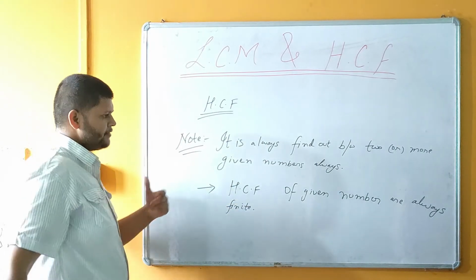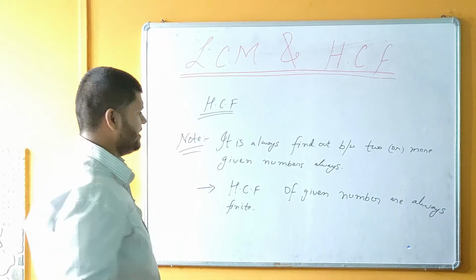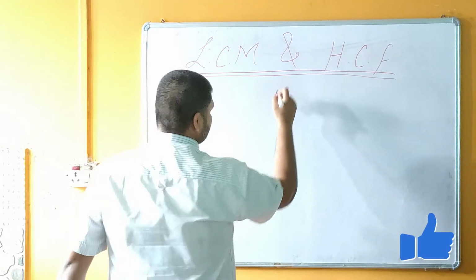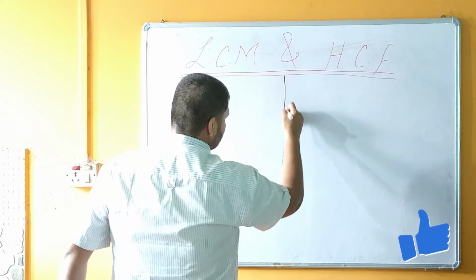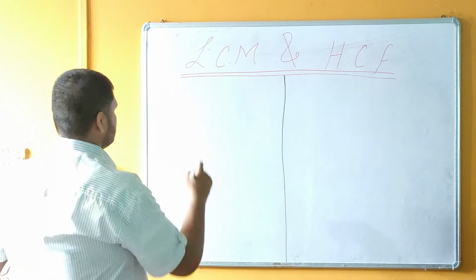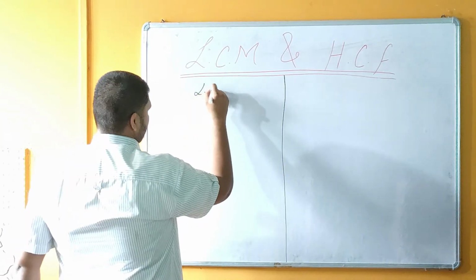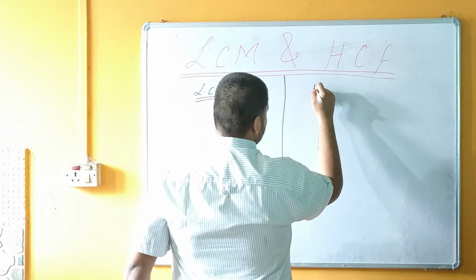Now we will take one random example and we will find out the LCM and HCF. I am erasing this. So I am doing the partition of the board. One side I will find the LCM and the other side I will find the HCF. So here I am writing LCM. Here I am writing HCF.